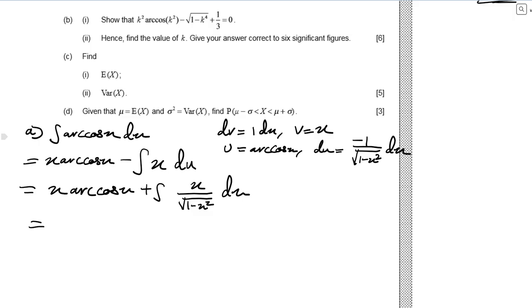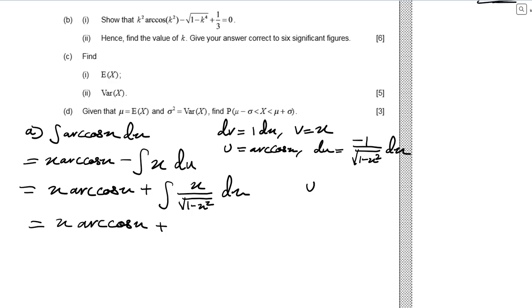So what we have is the integral of x over root 1 minus x squared. Let's multiply by -2, or actually let's do trig substitution.